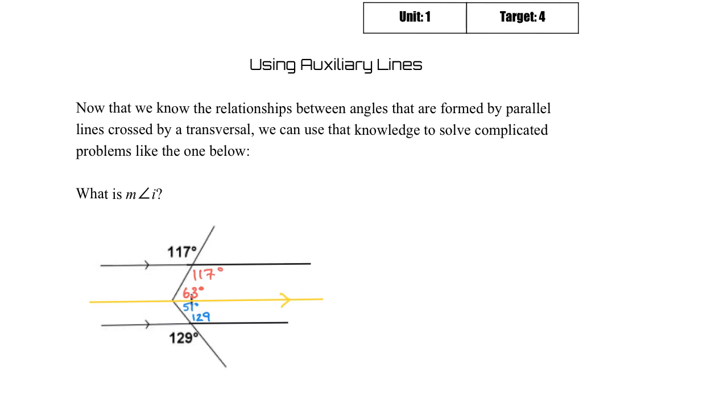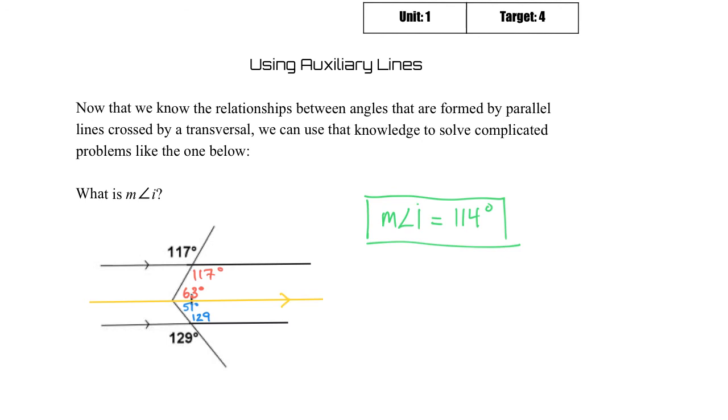So if I want to know the total measure of angle I, all I have to do is add those two together. 63 plus 51 is 114, and there is my measure of angle I.